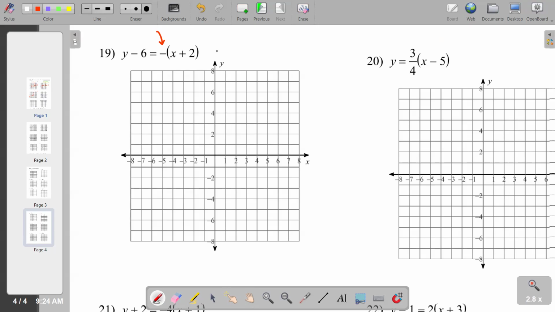So what point does this line go through? I'll say this. I like the 6. I don't like the +2 though. Oh, negative. So -2, +6 is the name of the point that it goes through. I like that. So I'm going to go to that point real quick and I'll graph it.